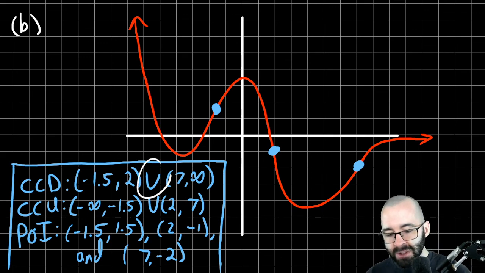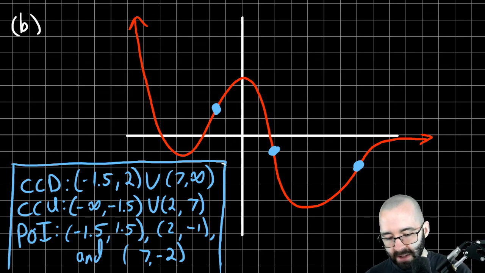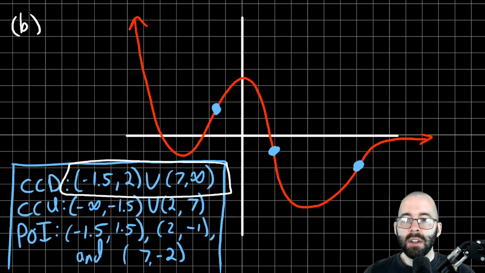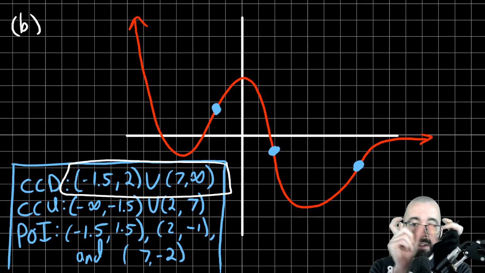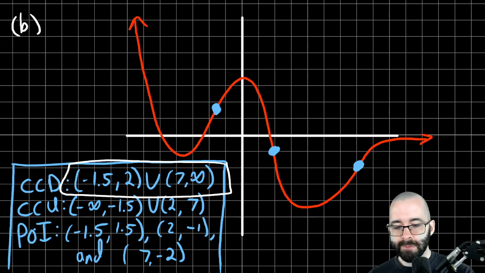The intervals are connected by union signs, but the points are logically connected with commas. Because this is a single interval. A single disjoint interval means it's an interval with pieces that don't connect. But it is a single interval, even though we write it as the union of two intervals.